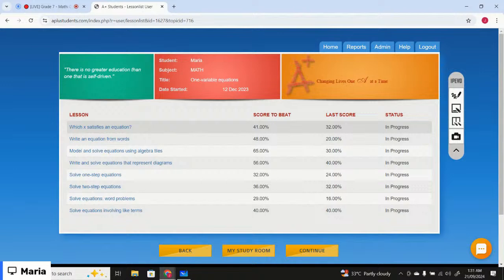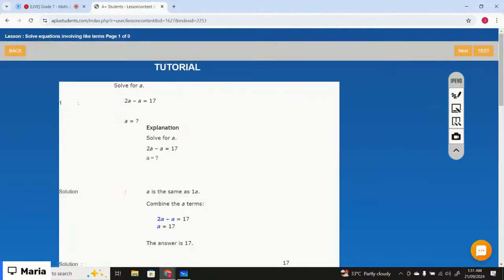Solve equations involving like terms. That is the last lesson from the chapter. Let's just start with the lesson. Solve for A. 2A minus A equals 17. First thing you need to learn is like terms.